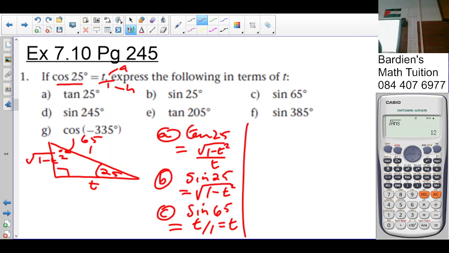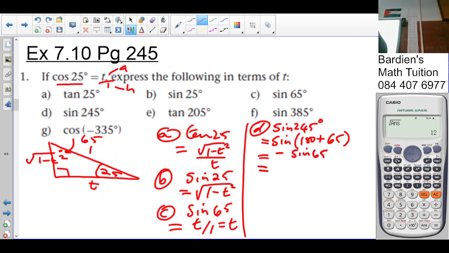Okay. Let's look at D. Sine 245. How do we get to 245? 180, so it's sine of 180 plus 65, which is negative sine 65. Again, sine of 65 is going to be negative t.